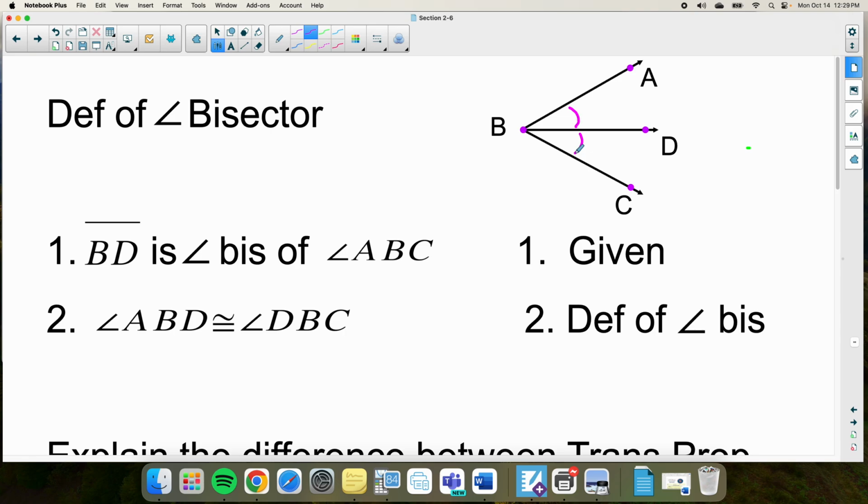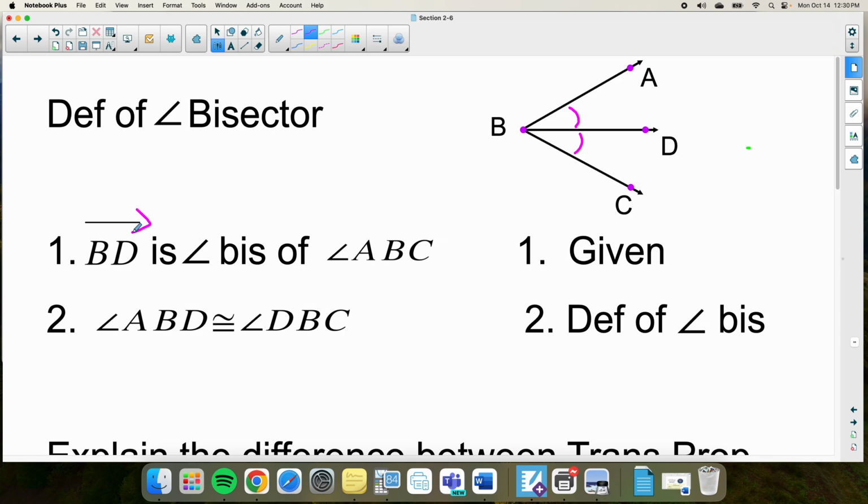All right. Did I give you enough time? Okay. So what's going to happen, oh, and by the way, you guys, this should be an arrow. It's not a huge deal, but it should be. So what's going to happen next is we're going to have 2 proofs, and they're going to have bisectors in them, at least one. So when you have an angle bisector, what that means is it cuts the angle in half, okay?